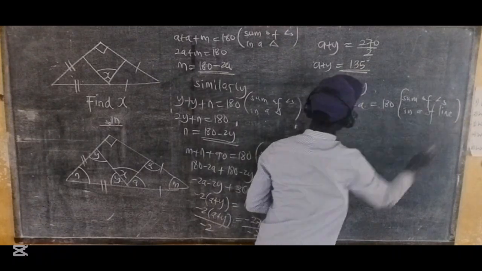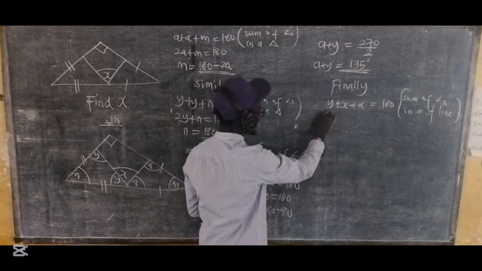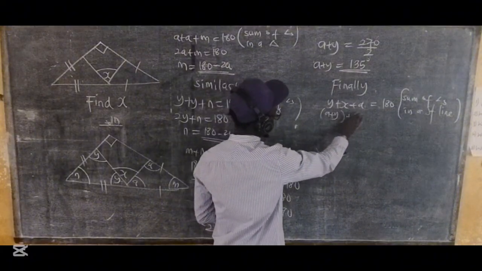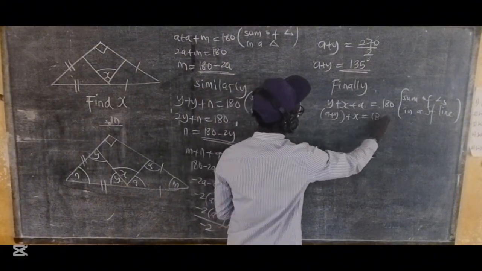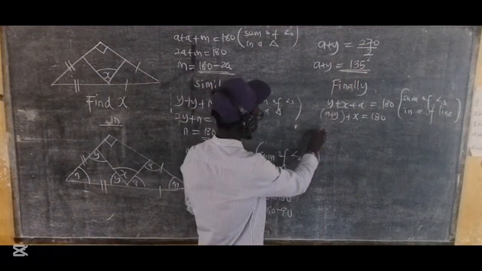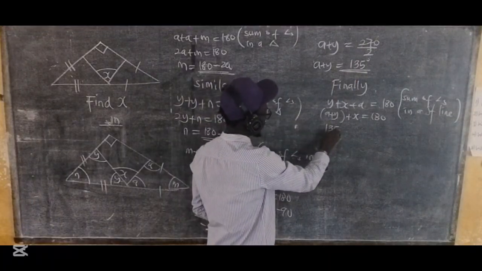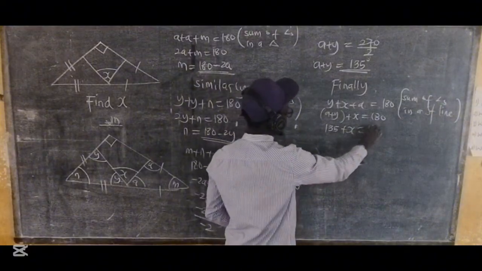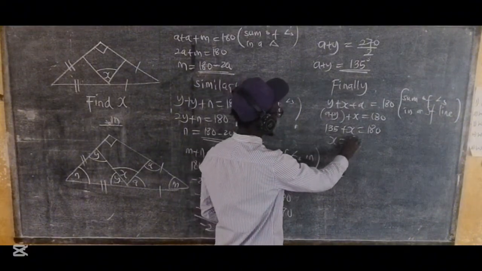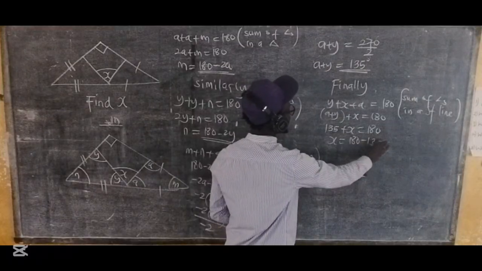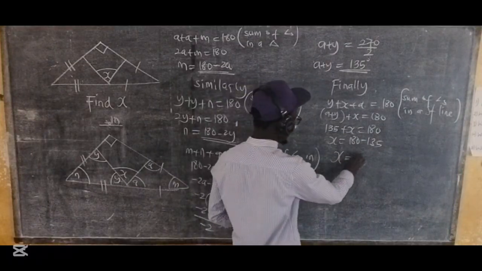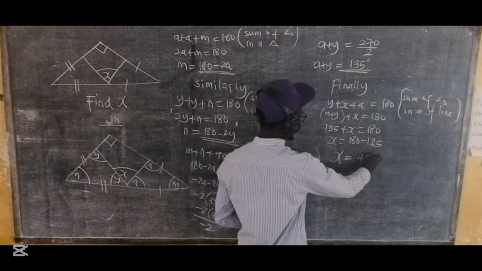And remember, we have A plus Y as 135. So 135 plus x equals 180. To find the value of x, it becomes 180 minus 135. Therefore, the value of x that we have to find becomes 45 degrees.